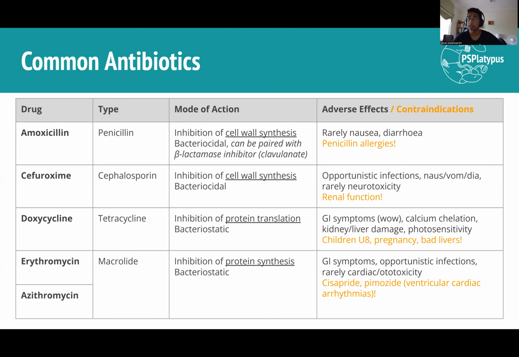Now these also inhibit cell wall synthesis, and as such, they will also be bactericidal. So they kill bacteria. These ones are a little bit less well tolerated, which is why we usually want to put someone on amoxicillin or penicillin in general, if we can. So we get GI disturbances, and we get opportunistic infections because we're killing off normal flora.